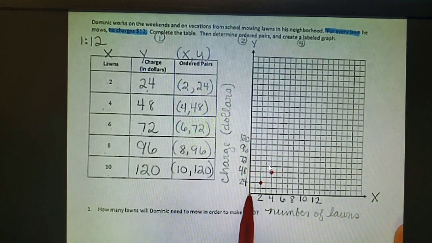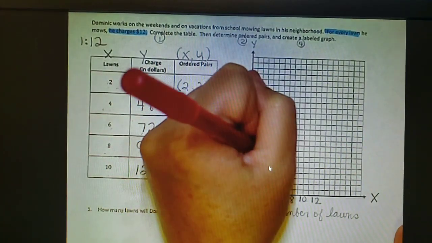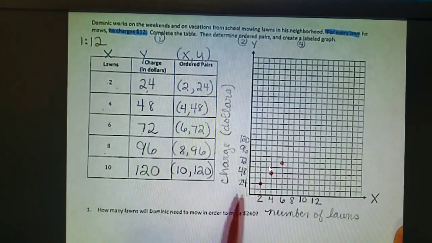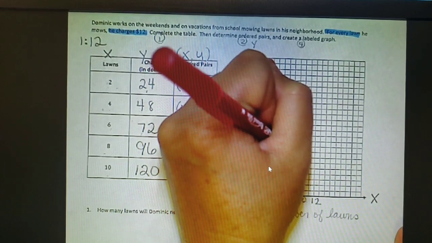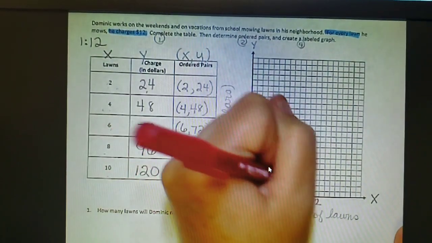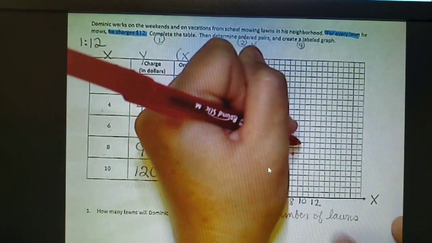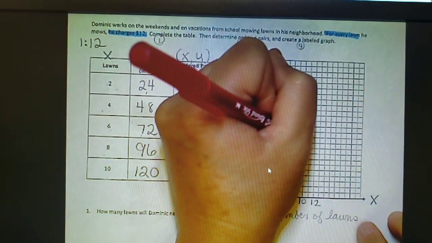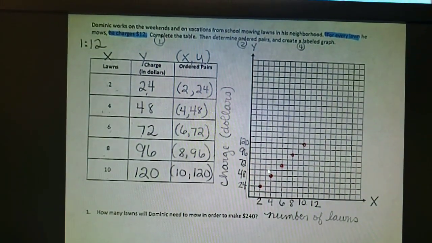So we start at the origin, we go over to 6 on the X, and up to 72 on the Y, and repeat that same process. Okay, and our last one is 10 and 120. Miss Brian almost messed that one up. There we go.